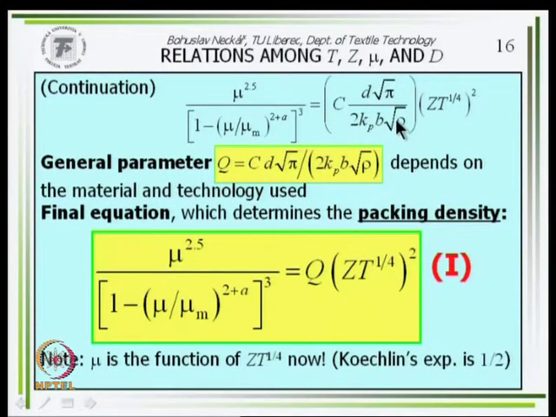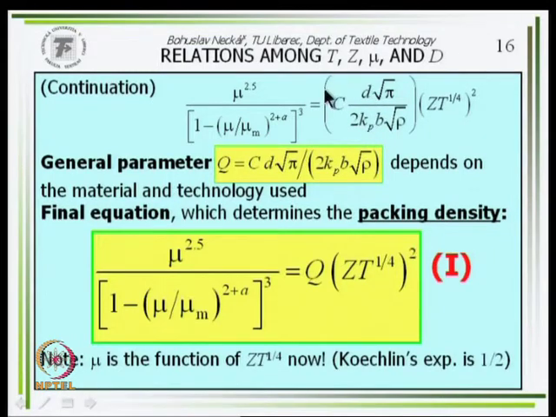And what's here? Here is constant: fiber diameter, Kp, sorry, B, rho, pi, different parameters characterizing the material and technology, but no twist and no fiber count.